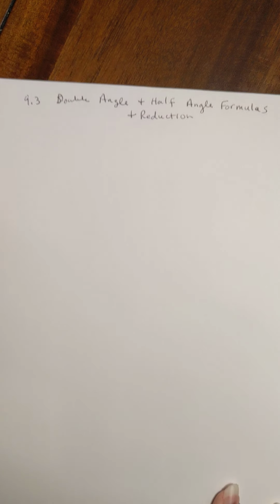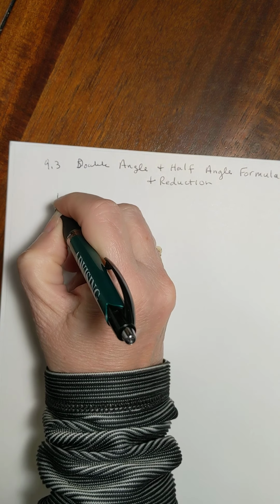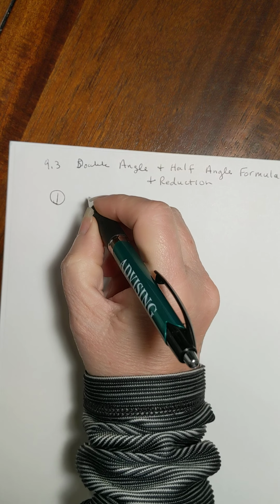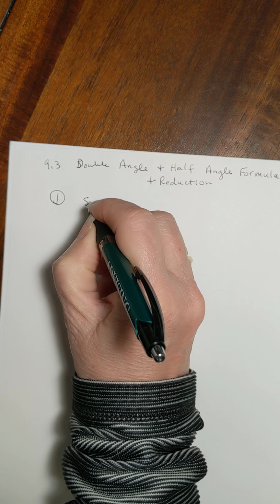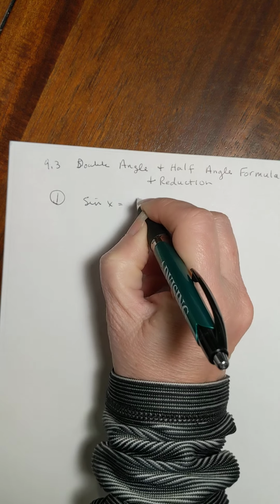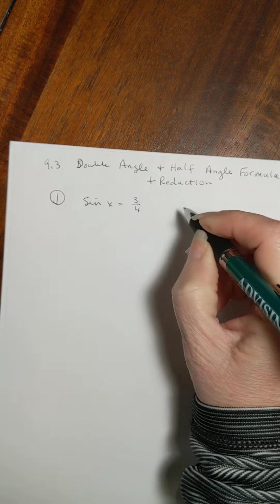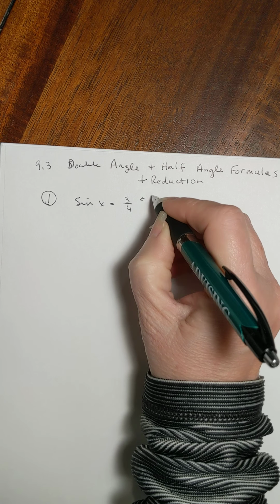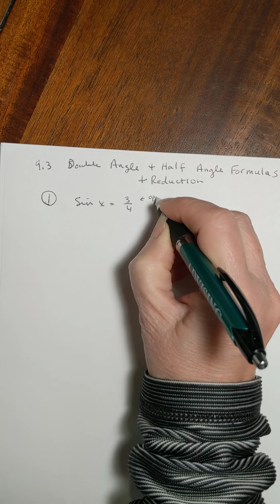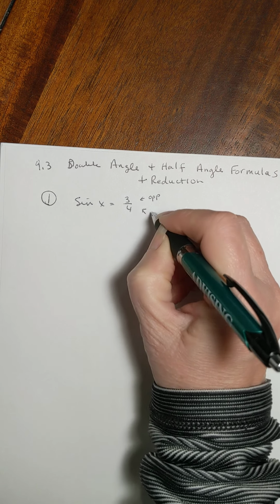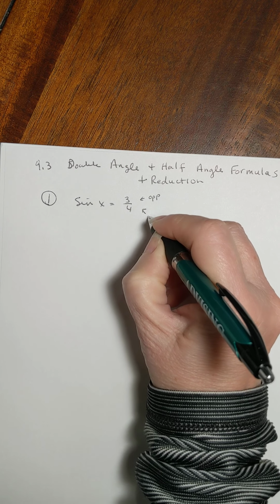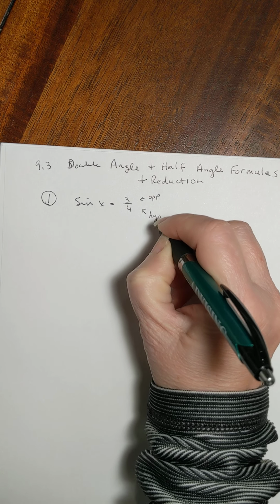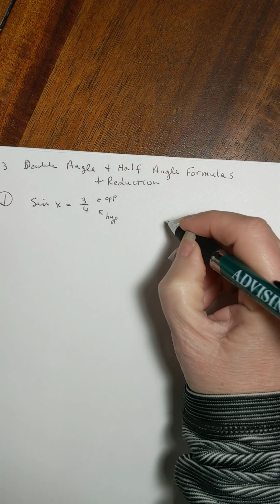All right, so the first problem says sine of x is equal to 3/4. And so that means that my opposite is 3. And be careful here, this is not a 3, 4, 5 triangle. My hypotenuse is 4.